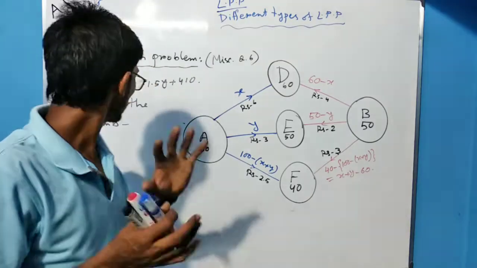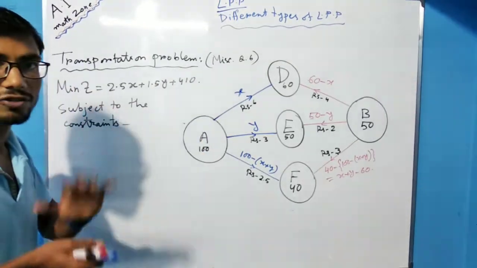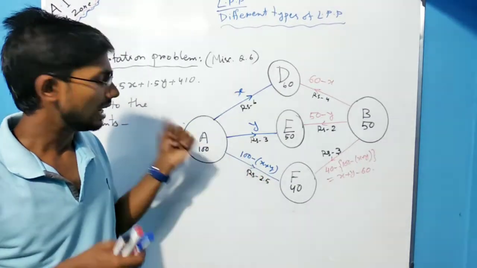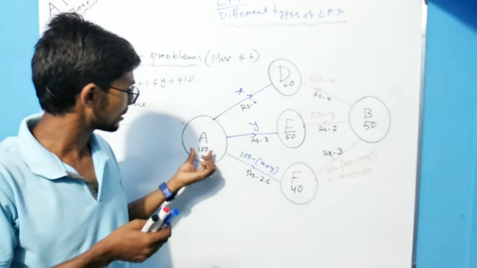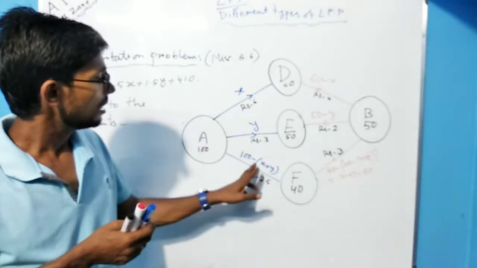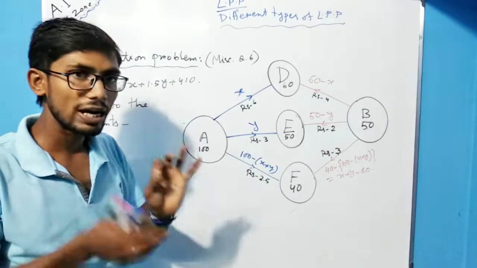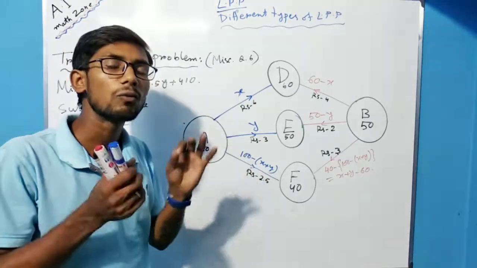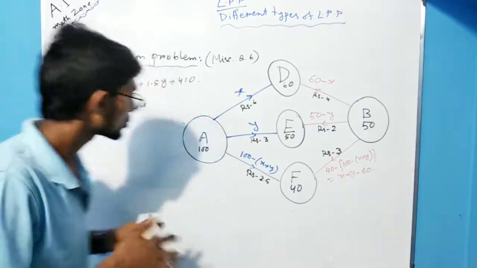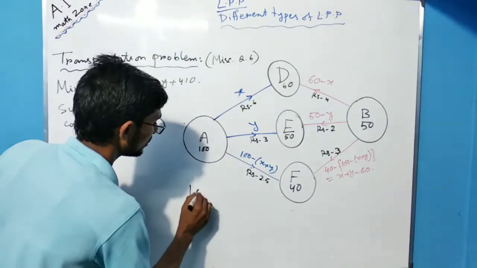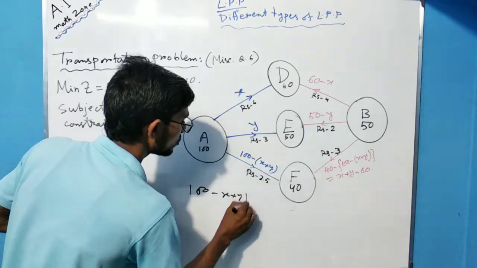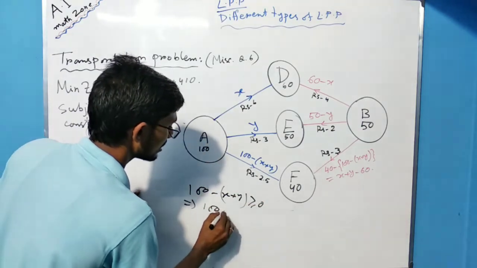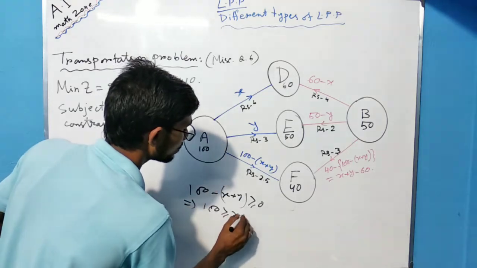And now let's talk about the constraints, right? So let's form it. See here, I have already transferred 100 minus x plus y quintals from A to F, right? So definitely this amount will be greater equals to 0. So if you do that, 100 minus x plus y is greater equals to 0, which implies that 100 is greater equals to x plus y.